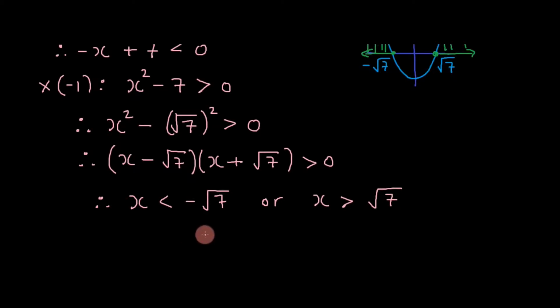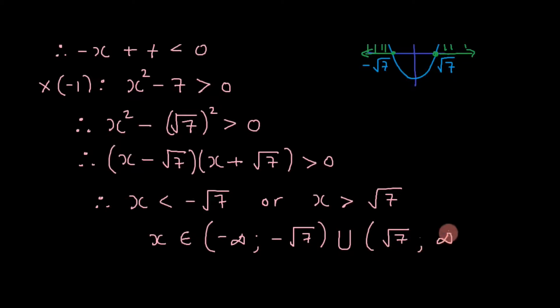We can illustrate this in interval notation as follows. So x will be an element of this interval. In other words, from negative infinity to negative square root 7, together with, so the union of the square root of 7 to positive infinity, and excluding negative square root 7 and positive square root 7.